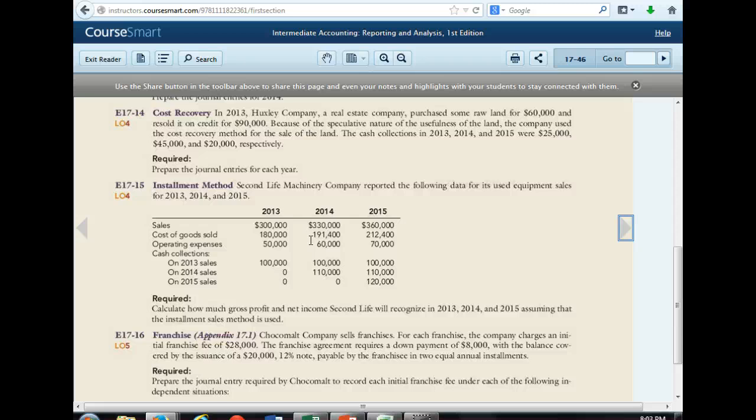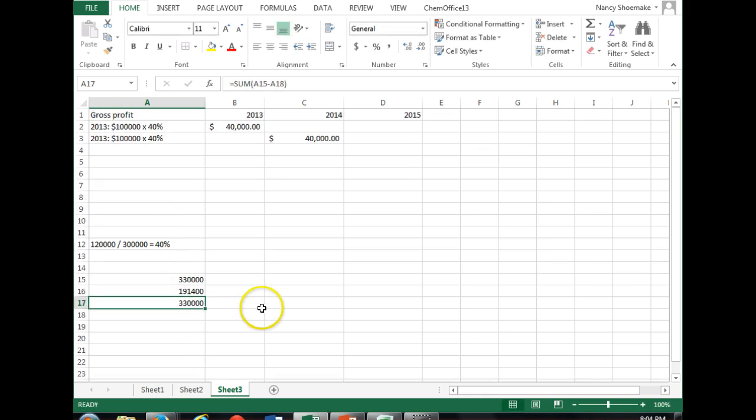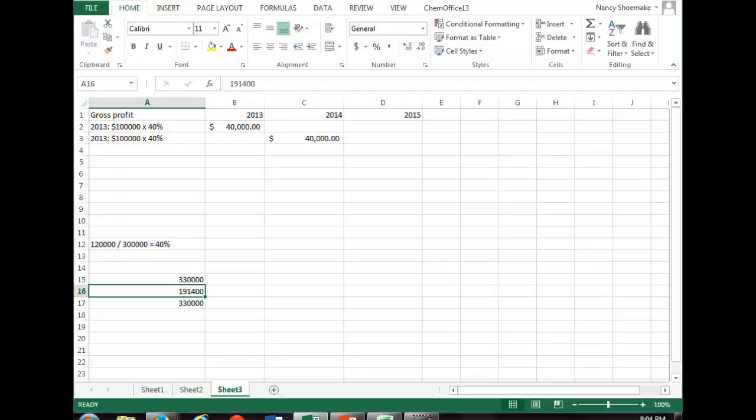330 minus 191,400. So if we take our 330 minus 191,400, the difference, what did I do wrong here? 330 minus 191,400, right?